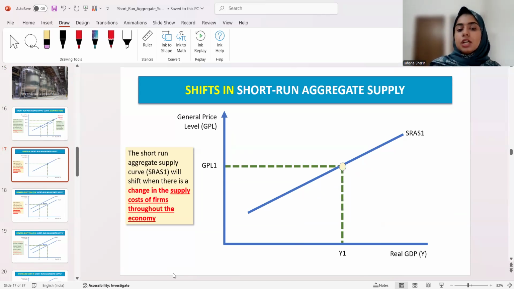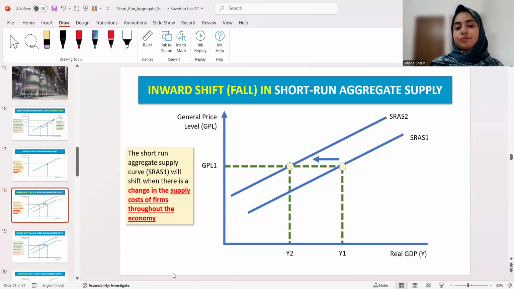So look at here. The price is GPL1, and we are assuming the price is not changing. For example, cost of production affects the short-run aggregate supply curve. Suppose the cost of production is increased.